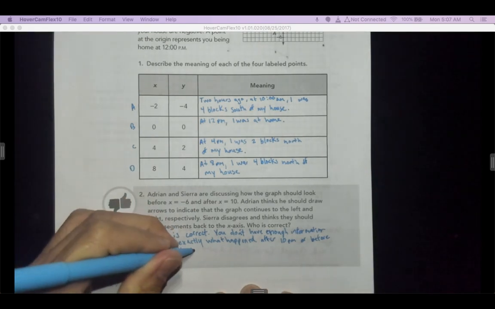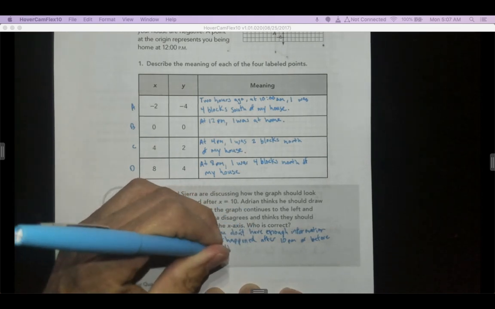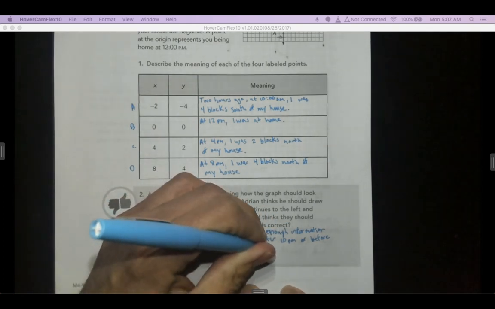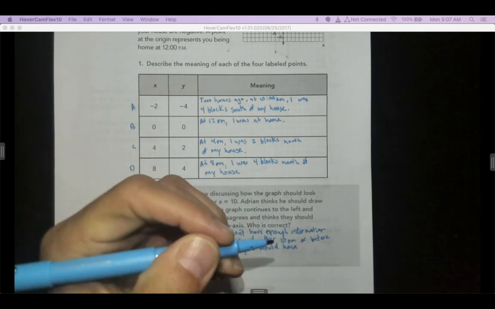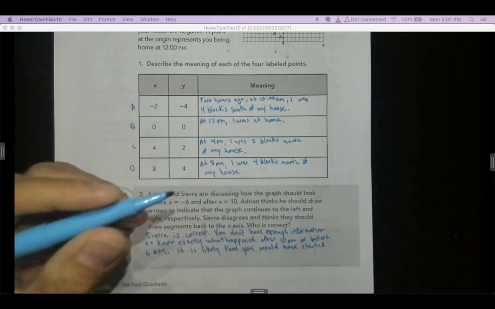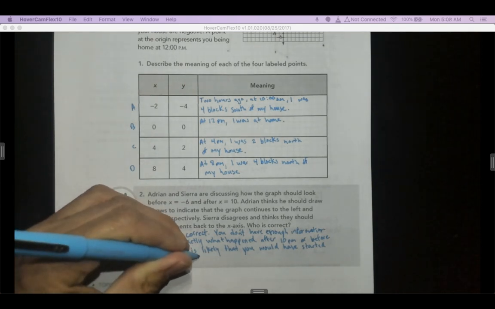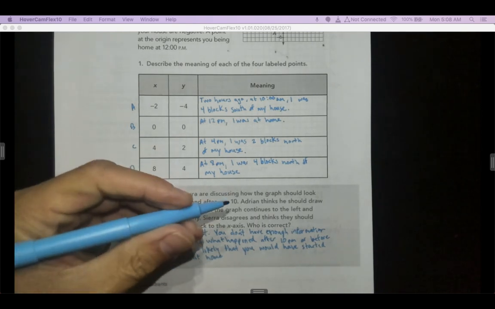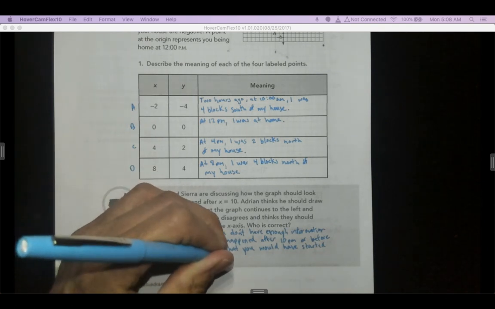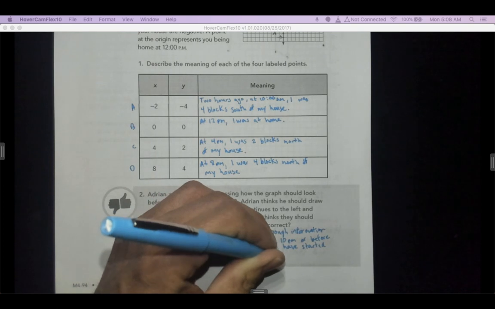It is likely that you would have started and ended at home, which is at the x-axis.